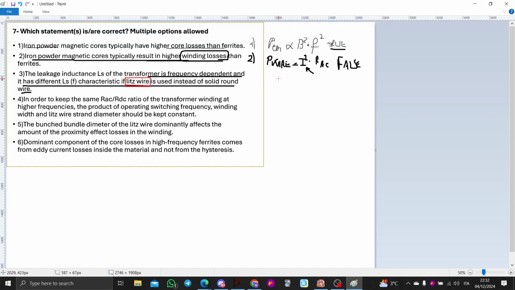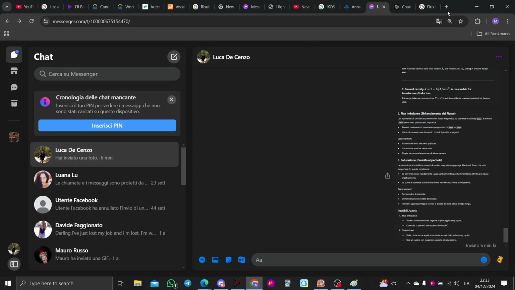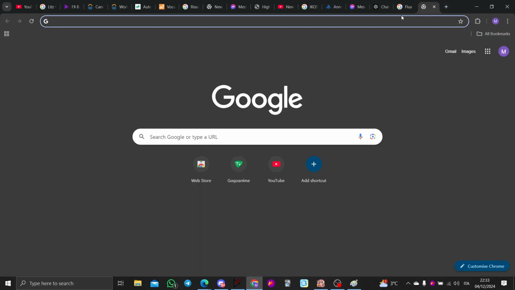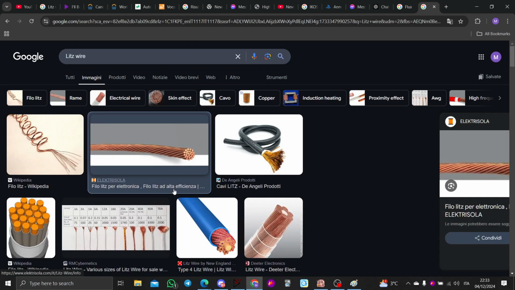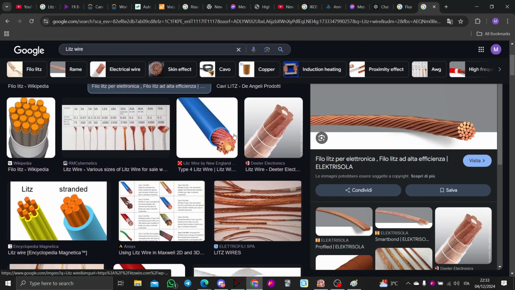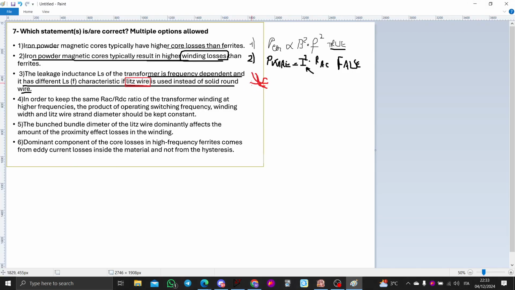I don't know if I can draw it correctly, my drawing is horrible, so let's search Litz wire. You can understand immediately from the figure what a Litz wire is, and it is designed to reduce the skin effect.